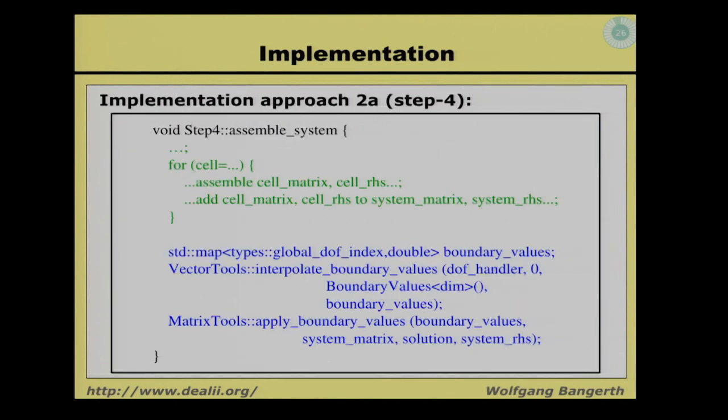So to show you again how this looks for these approaches 2a and 2b in the current version of step 4 and step 6. In step 4, basically it's exactly the same as before. The only difference is that we call interpolate boundary values with a function object here that describes the non-zero boundary values.